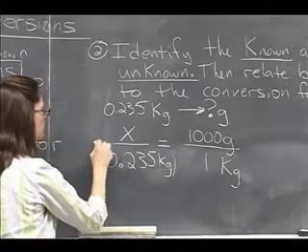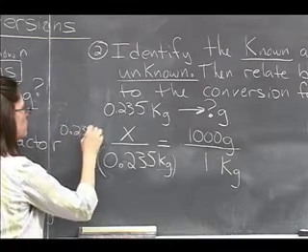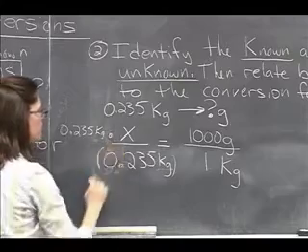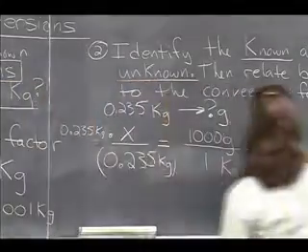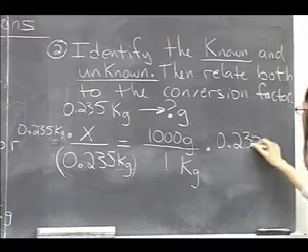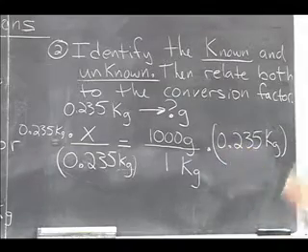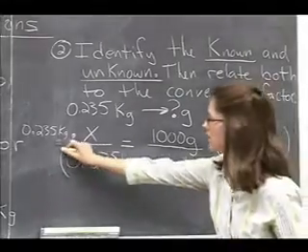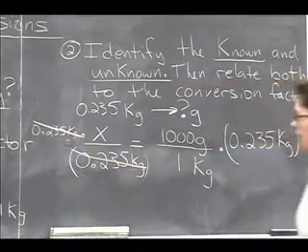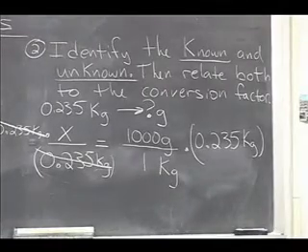So to do that, I'm going to multiply both sides by 0.235 kilograms. And by doing this, we're going to cancel out the 0.235 kilograms on the left-hand side of the equation, and it gets moved to the right-hand side of the equation.